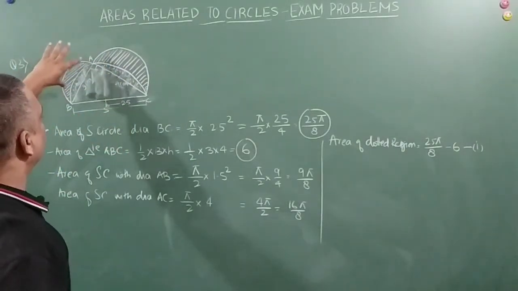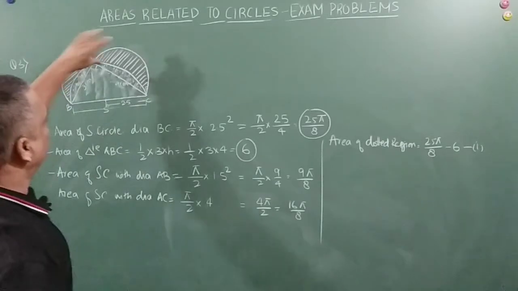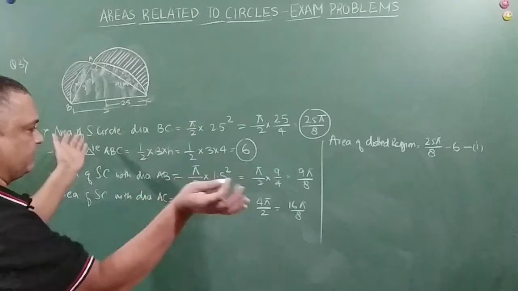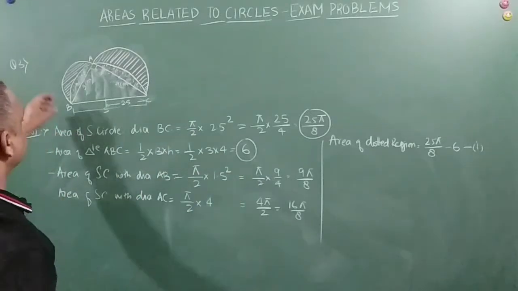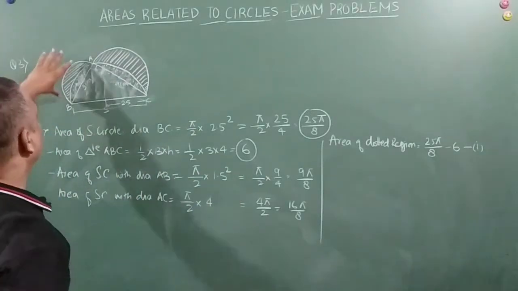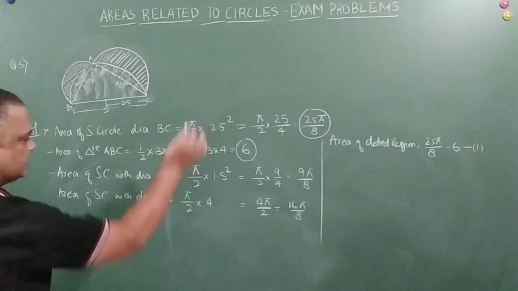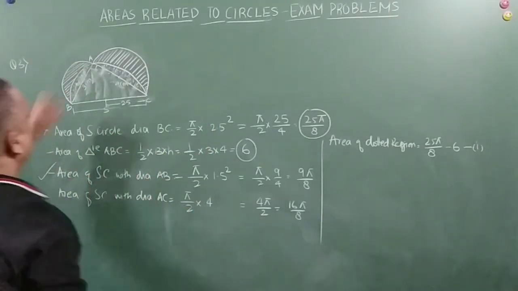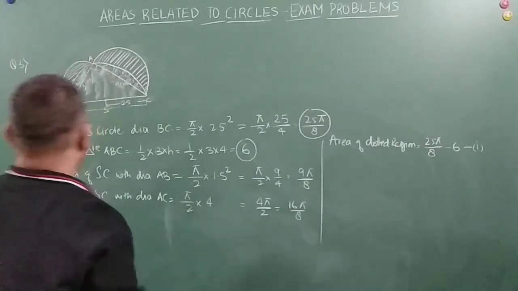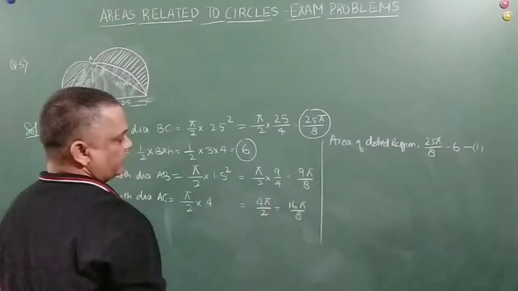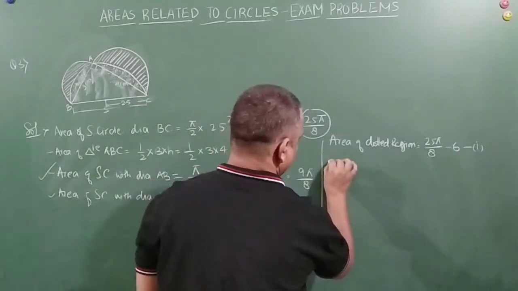Now to get the area of the shaded region, what I can do is that area of this semicircle plus this semicircle minus the dotted region will give me the area of the shaded region. So first let us add the area of semicircle with diameter AB, that is this one, and with diameter AC, that is this one. Let's add these two.